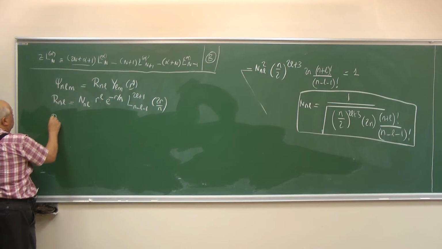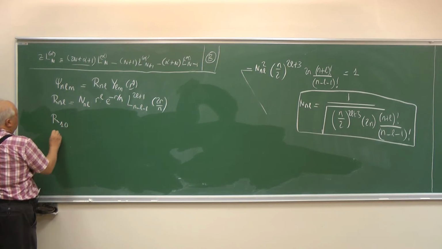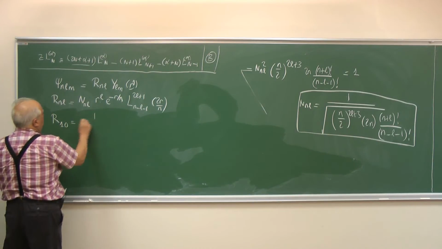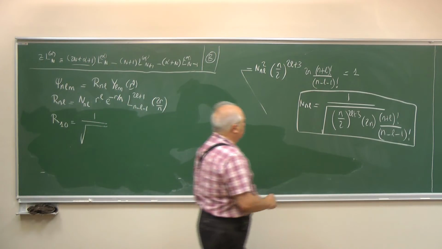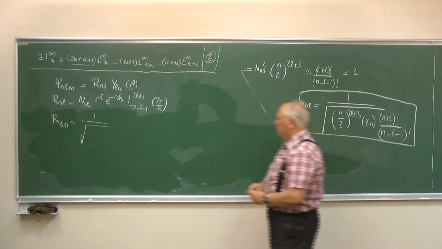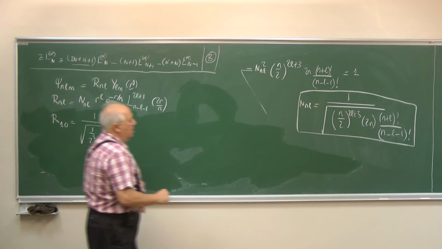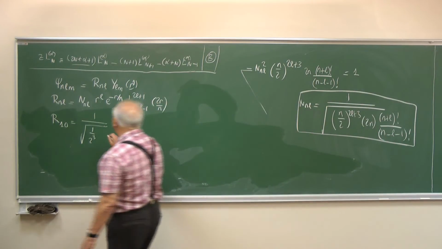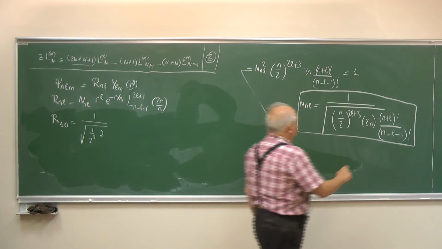For example, R_1,0. n equals 1, principal quantum number 1. So it is 1 over root, let's compute, n equals 1. So l equals 0. So it is 1 over 2 to the cube, 2 cubed. n is 1, so it is 2, and then (n plus l) factorial.